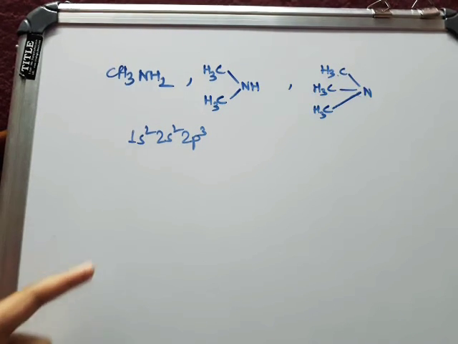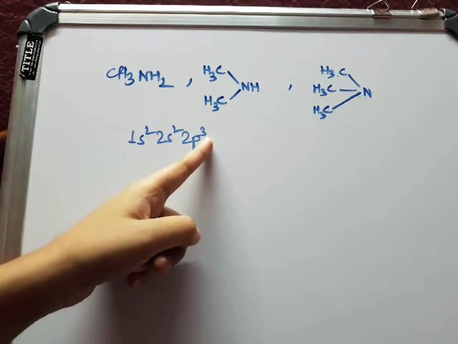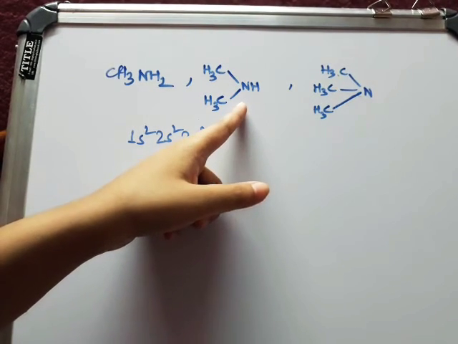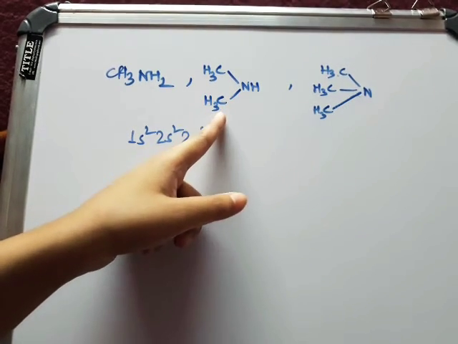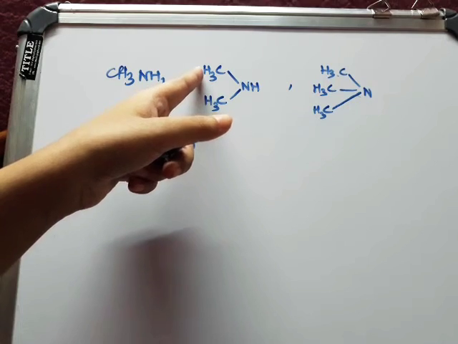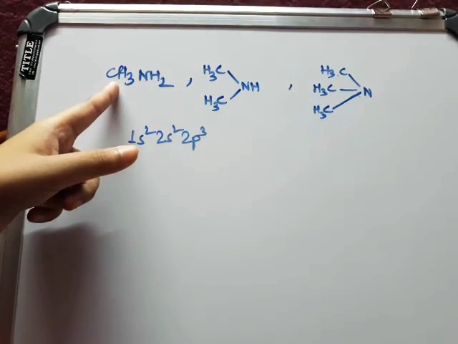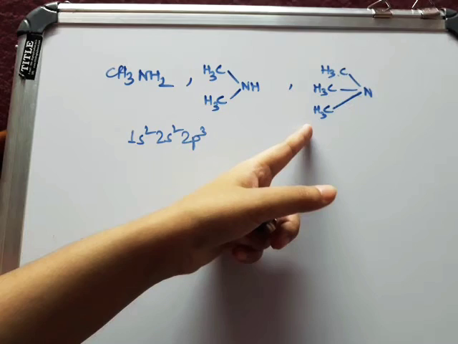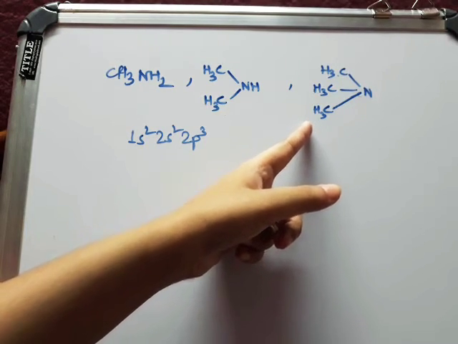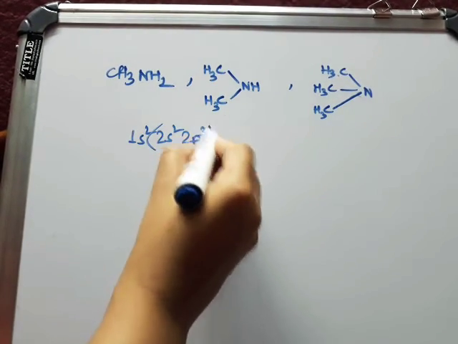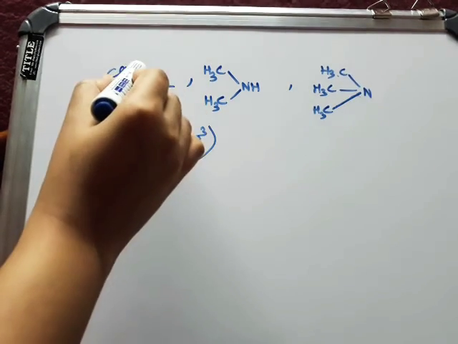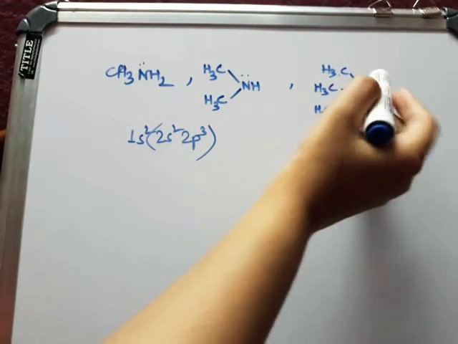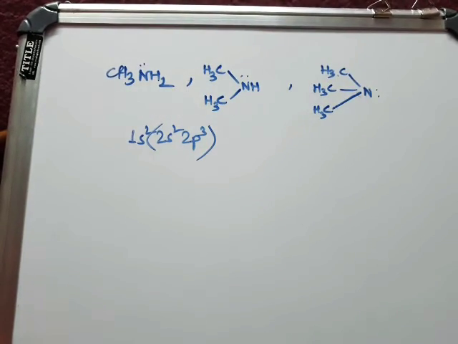So 3 electrons are already used up for formation of 3 bonds, one with hydrogen and 2 with methyl groups here, and here 2 with hydrogen and 1 with methyl group over here, and here all with 3 methyl groups. So in this valence shell, 3 electrons are used up for formation of bonds. So these 2 electrons will be as lone pairs. So with this lone pair of electrons, nitrogen can act as a base.